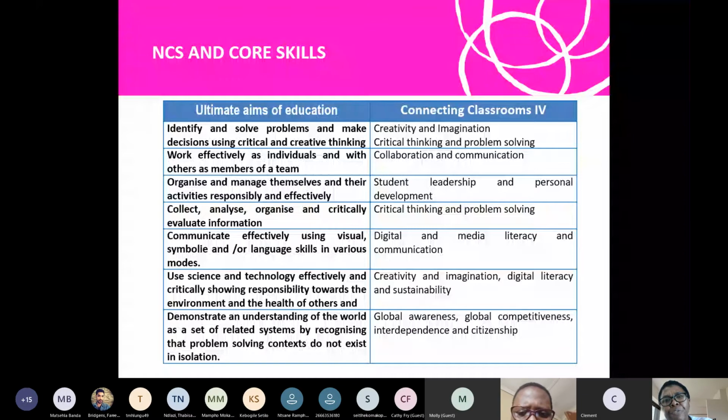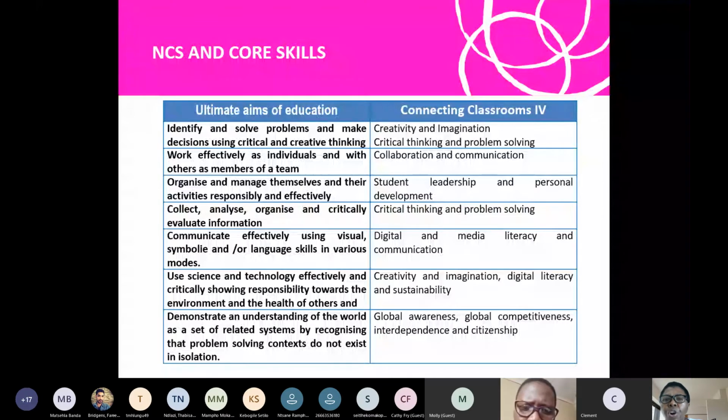The slide is trying to link the aims of education and the core skills that I have just mentioned. The first aim of any education system is for learners to be able to identify and solve problems and make decisions using critical and creative thinking.